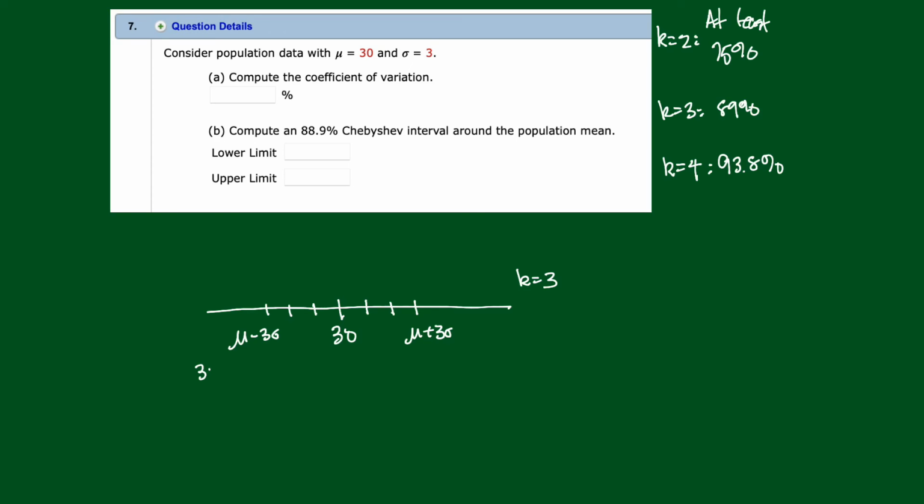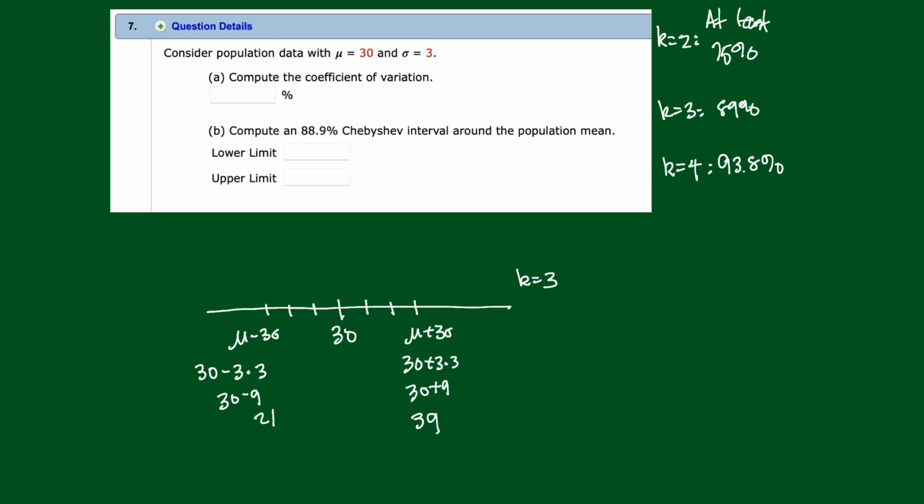The mean is 30 minus 3 times the standard deviation, which is a 3. So we get 30 minus 9, so 21 is our lower limit. And the upper limit is going to be 30 plus 3 of those standard deviations, which is a 3. 30 plus 9 is going to be 39.